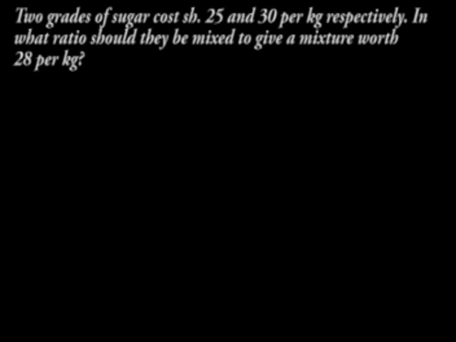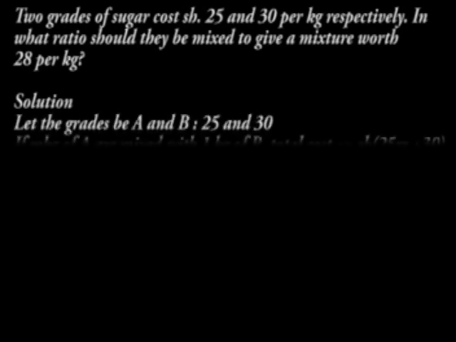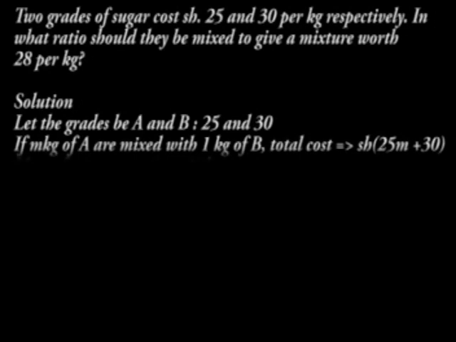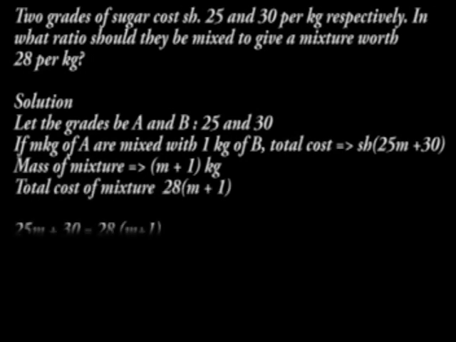In our solution, let the grades be A and B, costing 25 and 30 respectively. If m kilograms of A are mixed with 1 kilogram of B, total cost will be Kenya shillings 25m plus 30. Mass of the mixture will be m plus 1 kilogram. Total cost will be 28 times m plus 1.